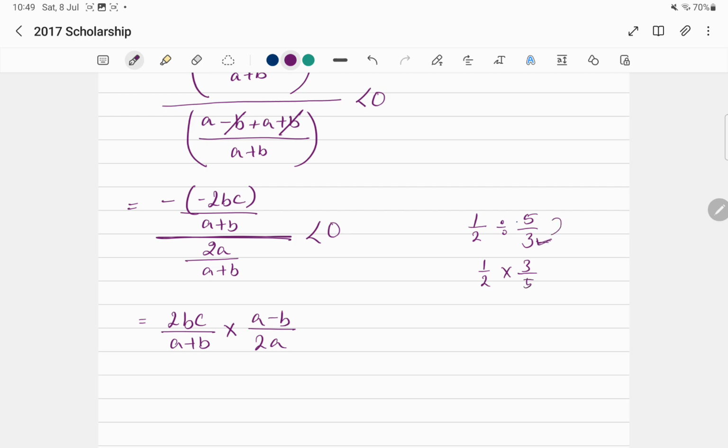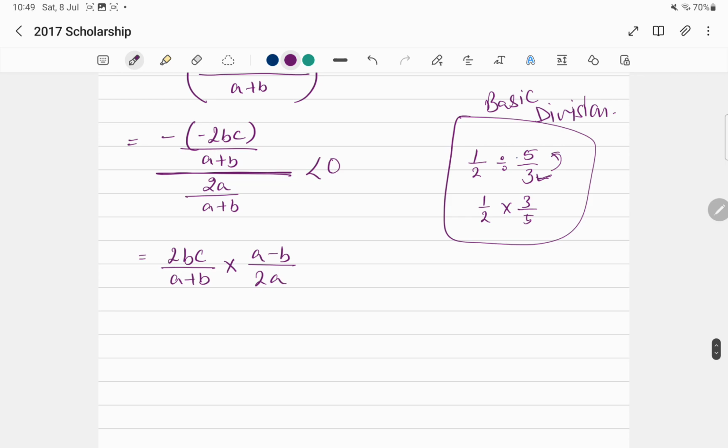So the denominator goes up, right? So basic division. Okay, just a reminder, that is a plus. So that can cancel. 2 and 2 will cancel. You have BC over A is less than 0.